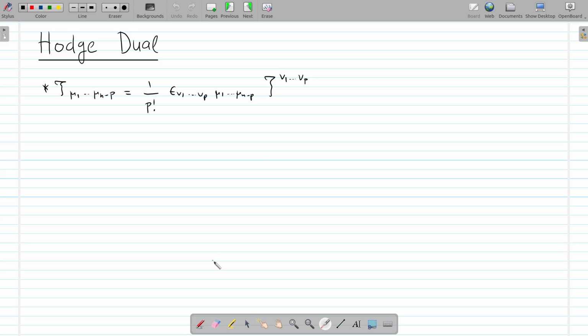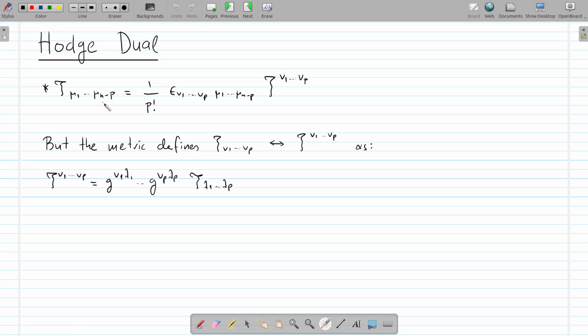So this is not a problem for defining duals of p vectors. We just use the Levi-Civita tensor to obtain an n minus p form, as we did with omega before.